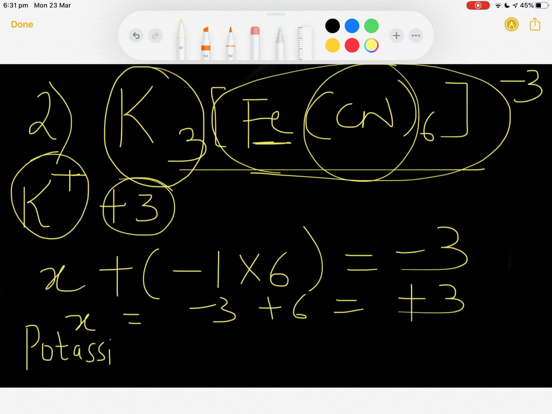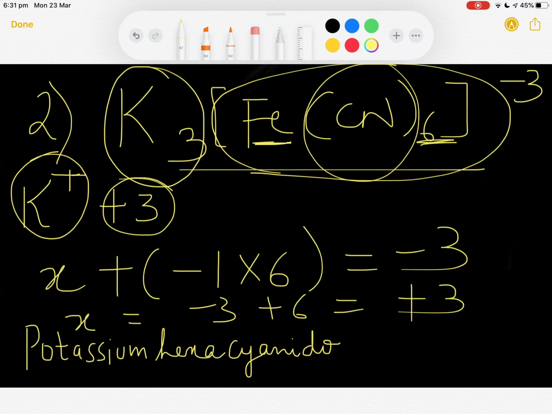Then comes the prefix. It's hexa for this ligand. So I'm going to write hexa. Ligand is cyanido because it's an anionic ligand, so it should end with O.